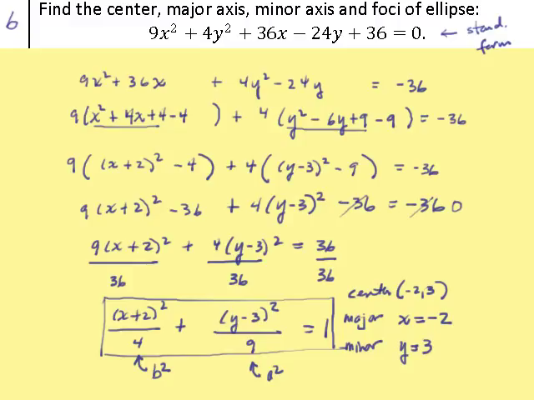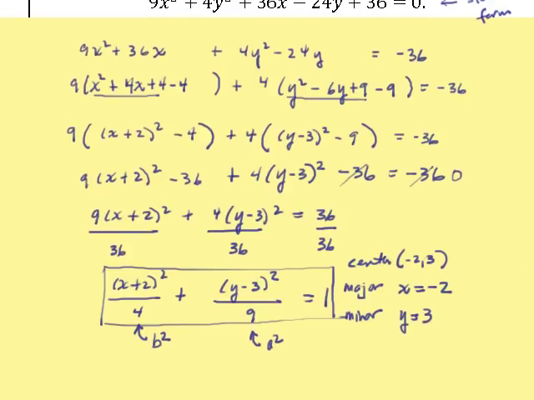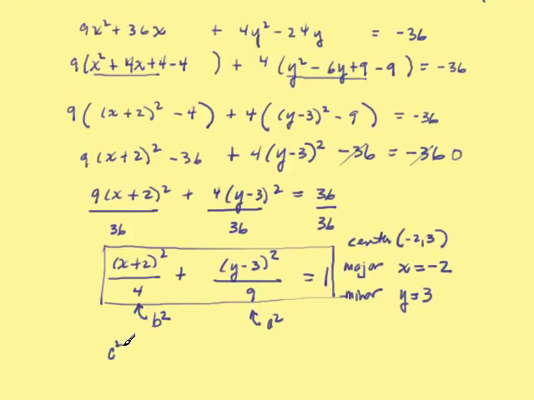And now foci, well, for the foci we're going to use this little equation. C squared is equal to a squared minus b squared. So we have c squared is equal to 9 for a squared minus 4 for b squared. C squared is equal to 5, and c is the square root of 5.